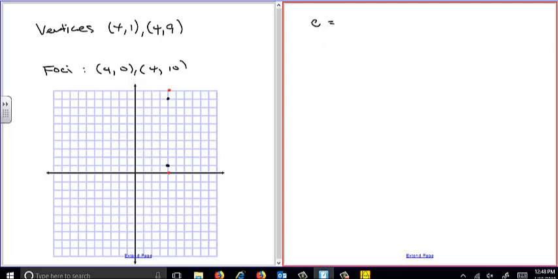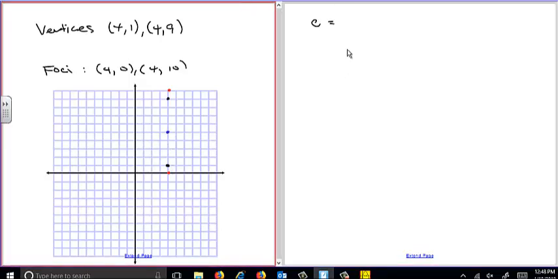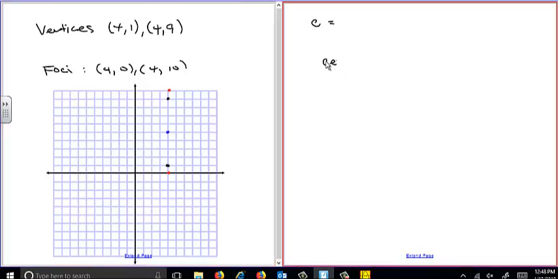We know that c is equal to what? Well, where's the center? Well, if you go 1, 2, 3, 4, 5, 6, 7, 8, so there's 8 between those, so just go 4, 1, 2, 3, 4. So there's your center. So let's write the coordinates of the center. Center is the point 4, 5.